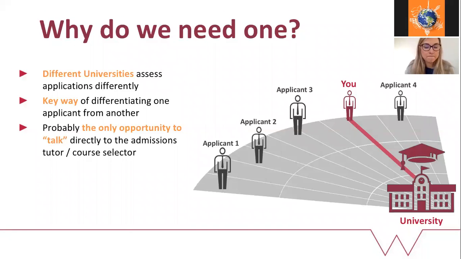But imagine that there is one course and 10 applicants that have very, very similar grades. What do you do? Personal statement is a key way of differentiating one applicant from another. So it is very, very crucial for us to see that it brings your application to life again for us. And for you guys, it's probably the only opportunity to talk directly to us, because you won't get another chance.